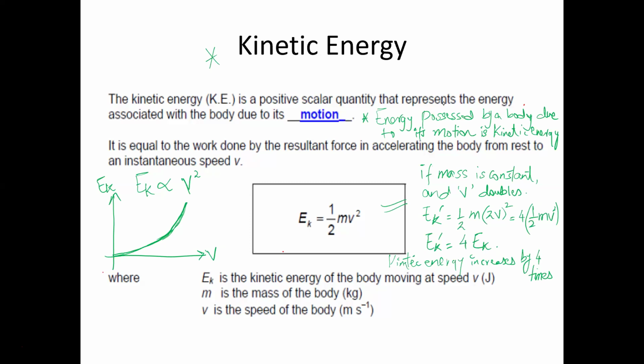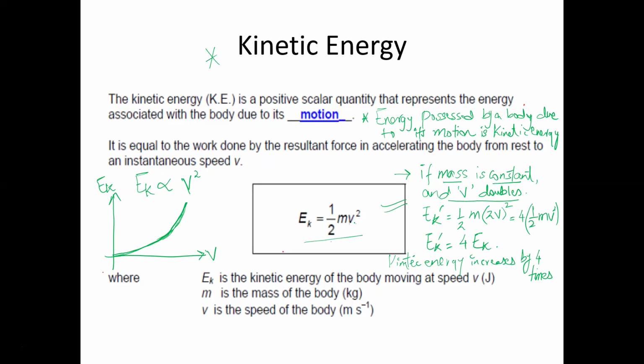Which formula part? The one on the mass is constant part. Yeah. So if for any object the mass is constant, mass is not changing, and let's say the velocity doubles, right? So how can we express the kinetic energy? The basic formula for the kinetic energy is what?